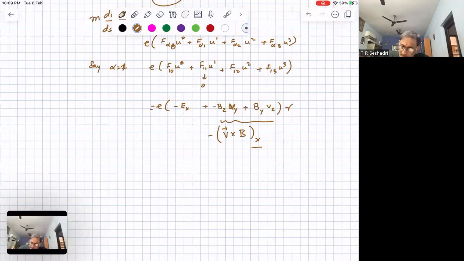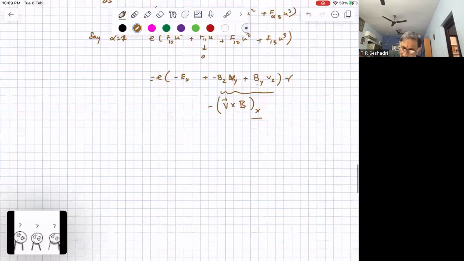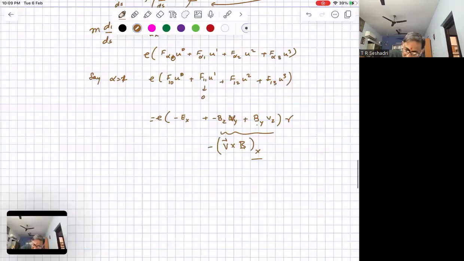The X component is Vy Bz minus Vz By. And that's what you are having here, with a minus sign. Is that okay? Okay. And so basically it says that mass into acceleration is equal to the electric field component. Just work out the signs and so on. We can just do that. The electric field component plus V cross B, the Lorentz force.